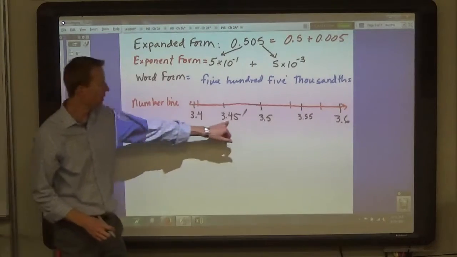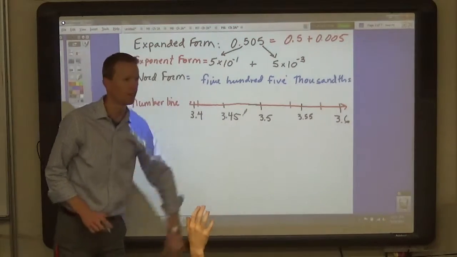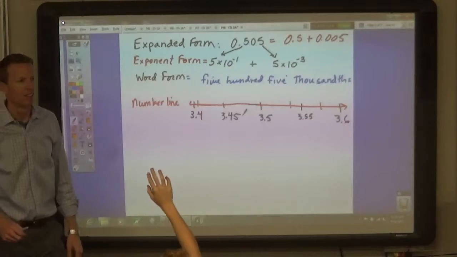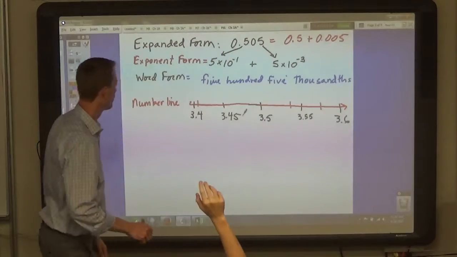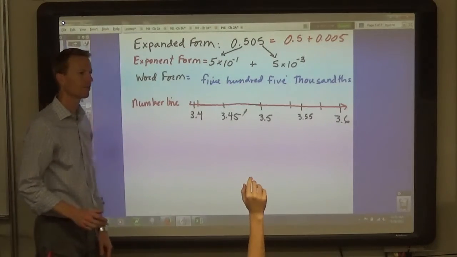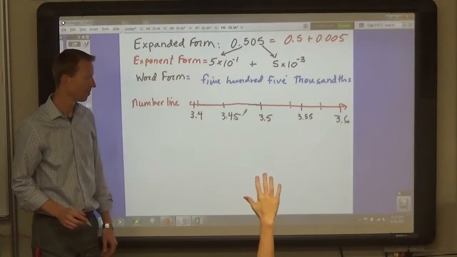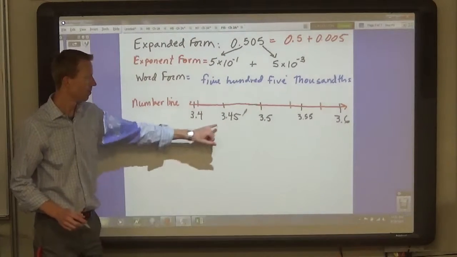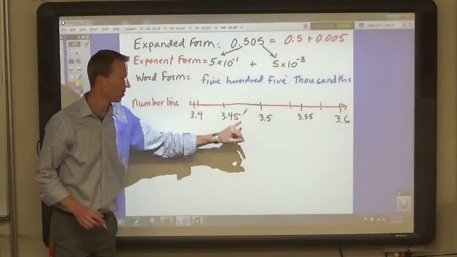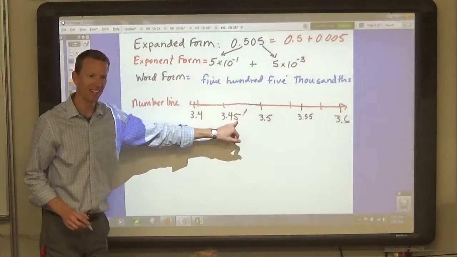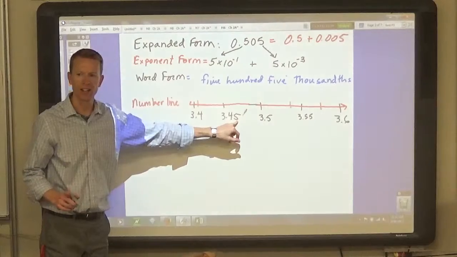How can there be a 45 in between 4 and 5? Because the one that's the furthest out or to the right, that's the smaller number. Yeah, right.